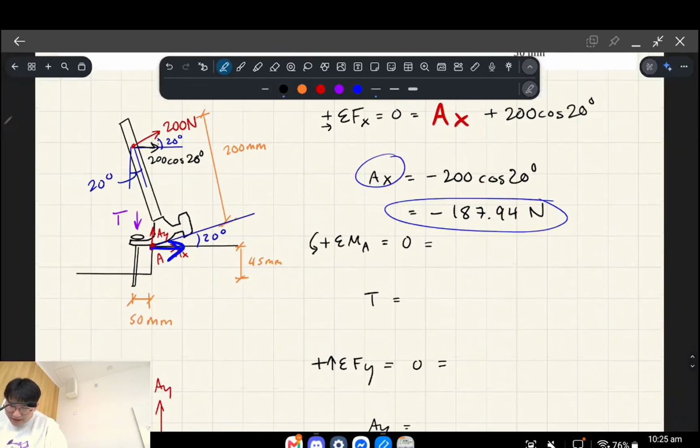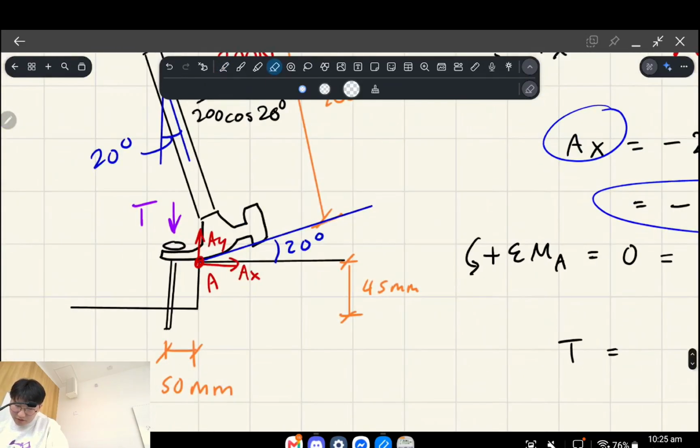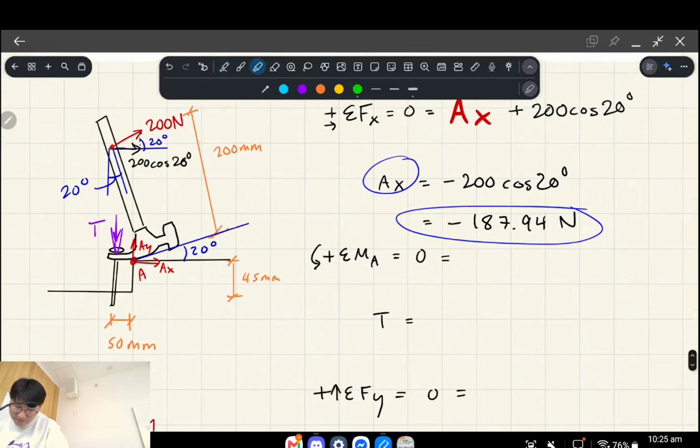Okay, now at this stage, we're going to try to resolve our two vertical reactions, right? T and Ay. Okay, and we look at the lines of action. These unknowns, right? Let's do it in a smaller size. This one and this one, yeah? And so we have to pick a point.